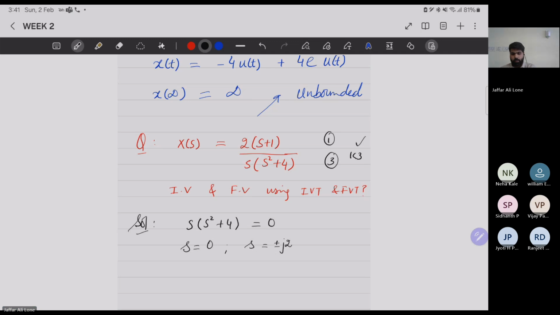Correct? So what did we say? For the final value theorem, all poles have to lie in the left half plane, or at most one pole can be at the origin.